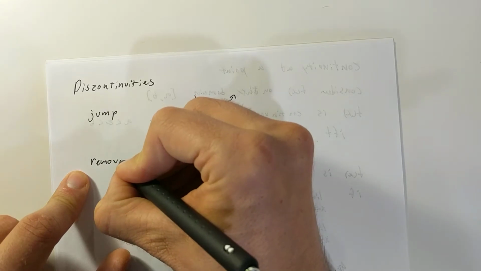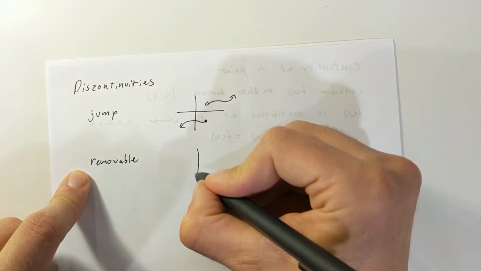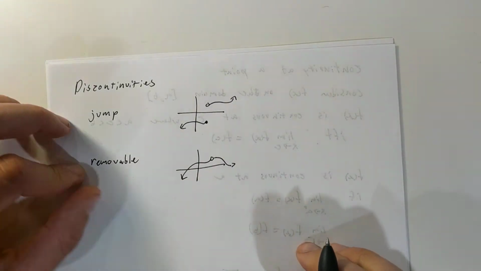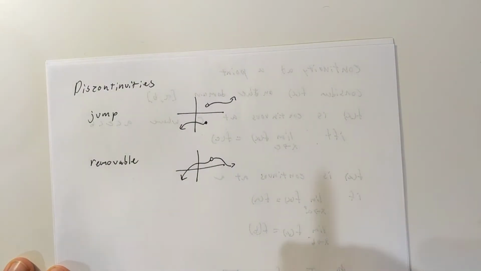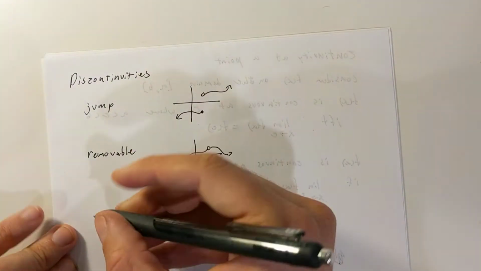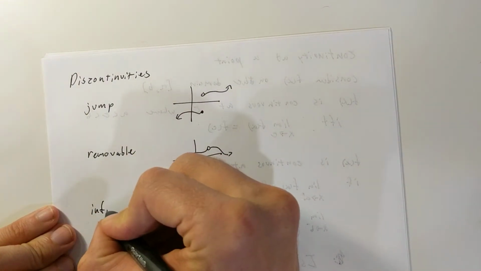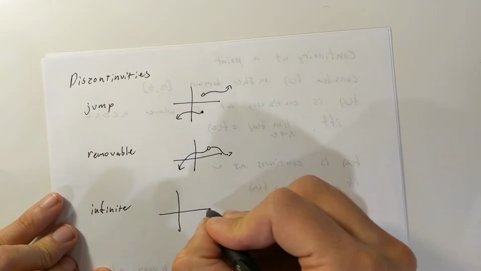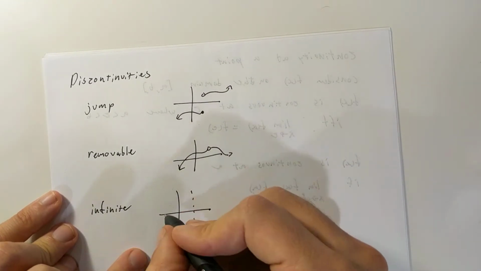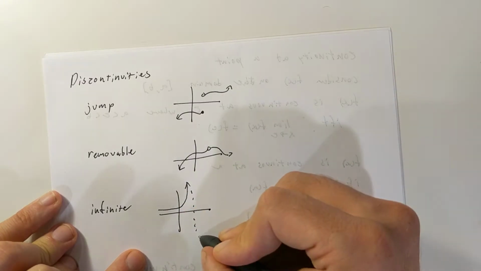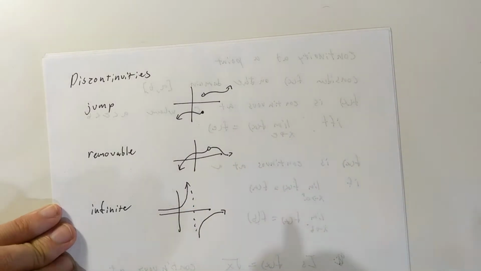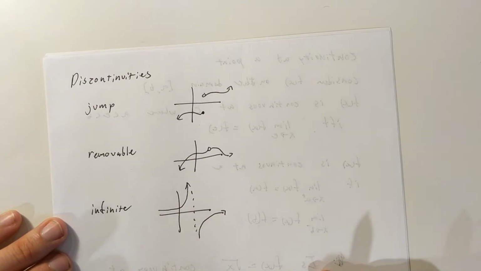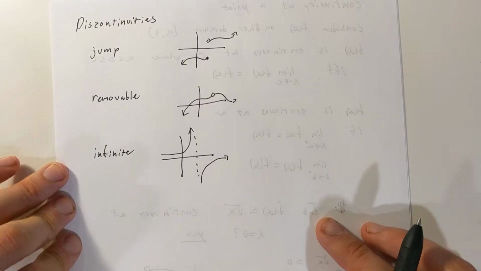There's removable, which is zoop, zoop. There is an infinite discontinuity, the one where it goes up to infinity, like that. Those are probably the three that you already know.